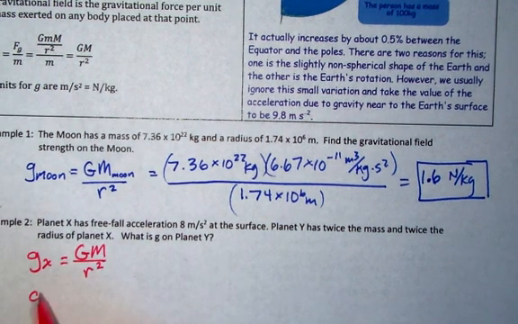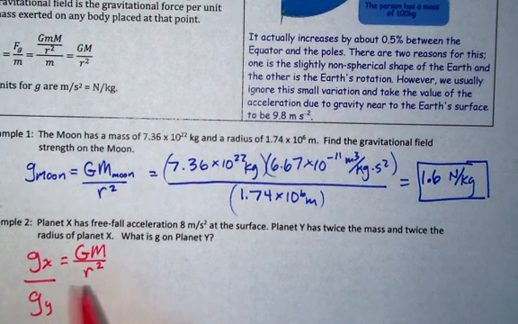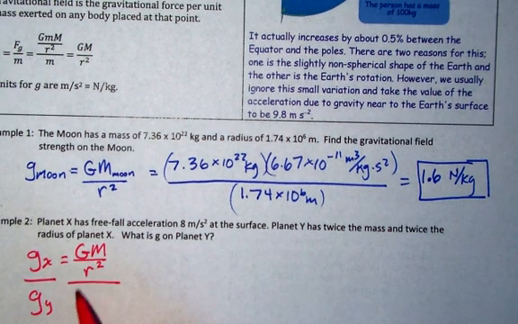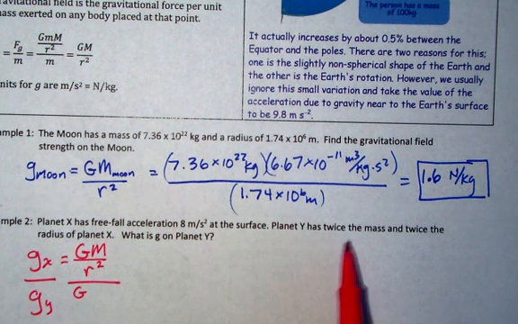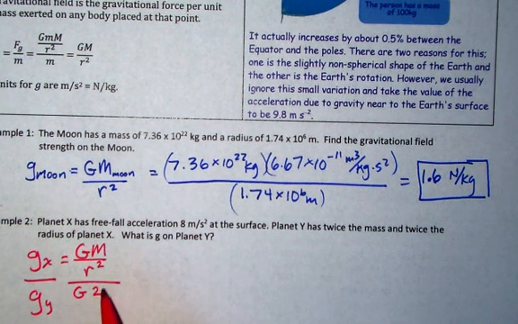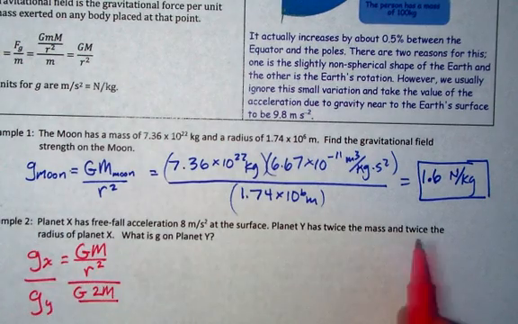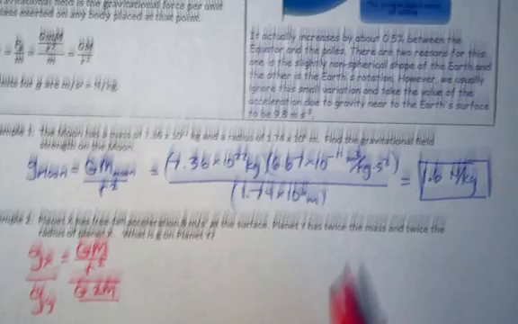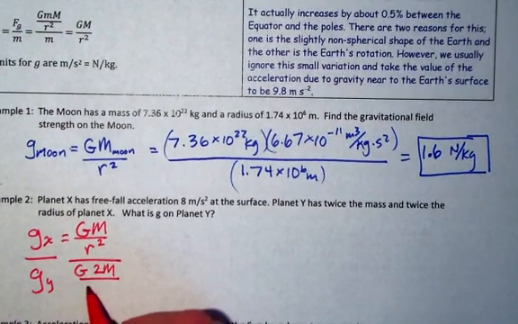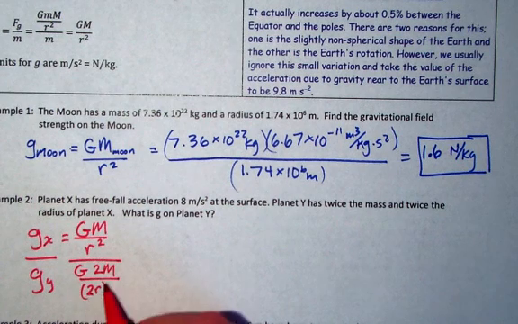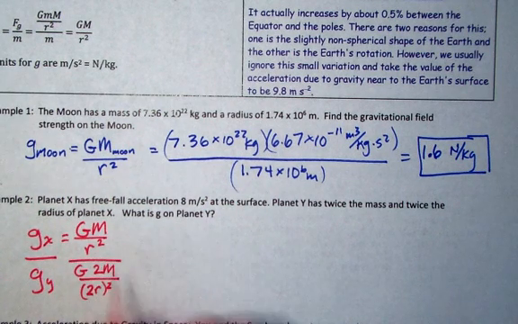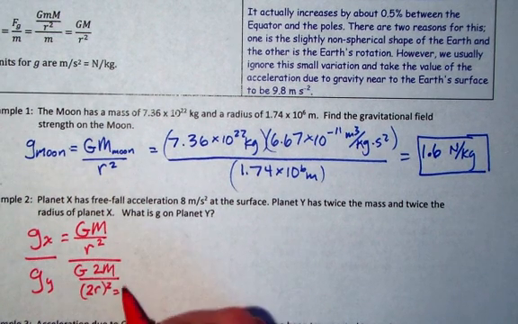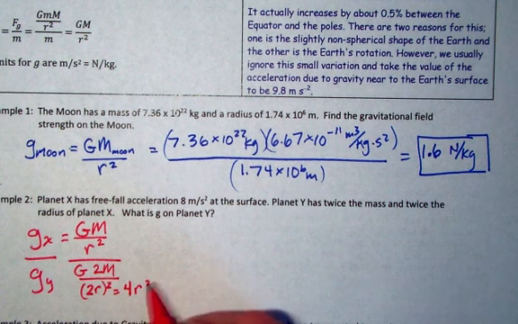Now g of Y, in comparison: G is going to be the same, it's a constant, but the mass is twice as much as the mass on X. And the radius is also twice as much, so I'm going to have twice the radius quantity squared. But you've got to remember, if we're squaring that radius, that's equivalent to 4r squared.